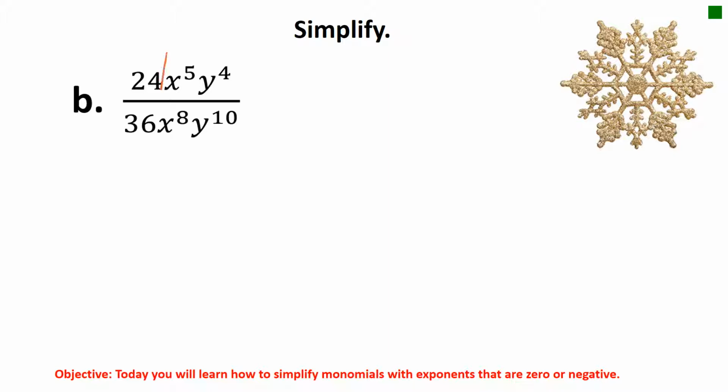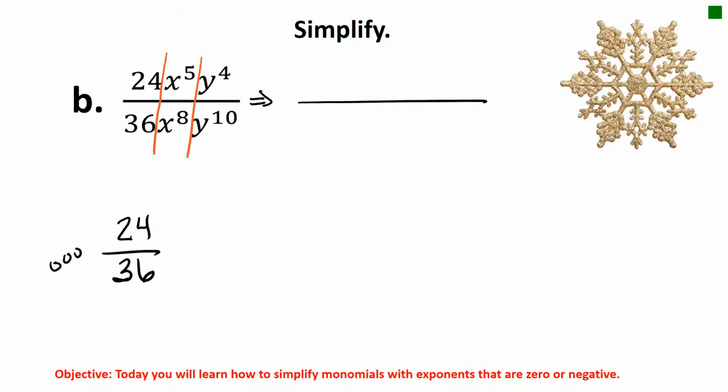All right, again, I'm going to divide this into 3 houses, and for right now, I'm not going to look at these. I'm just going to look at the 24 over 36. So here's what's going on in my head. 24 over 36 is a fraction. I can reduce it. They both divide by 2.